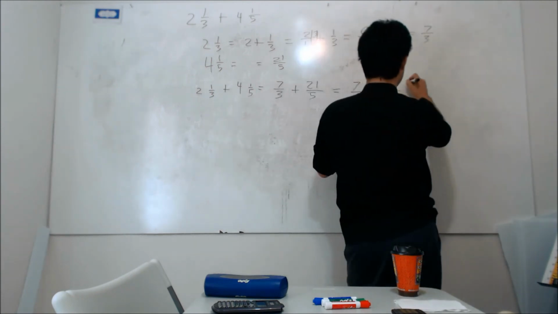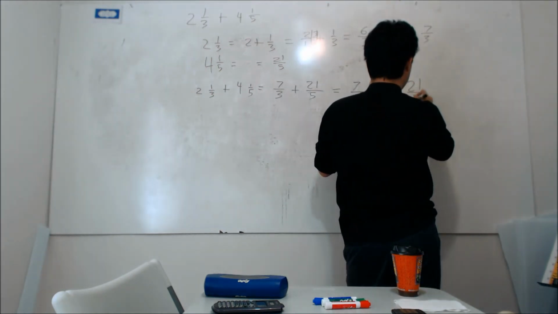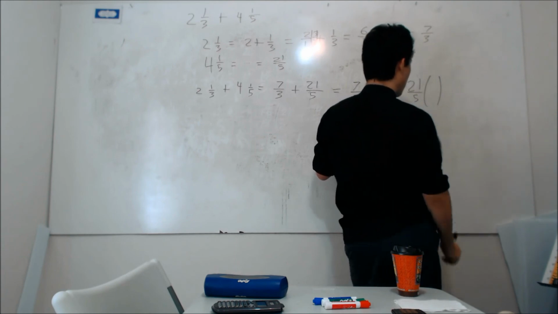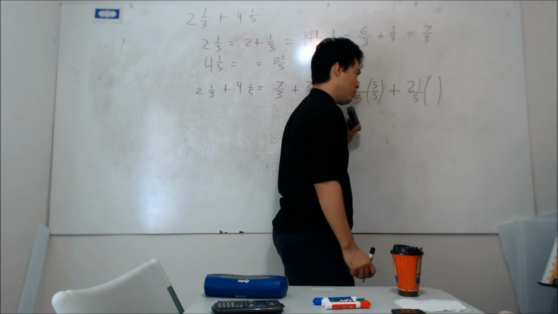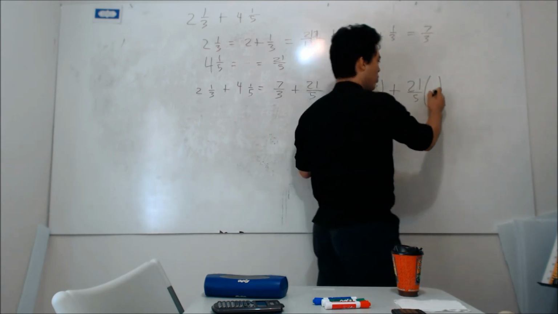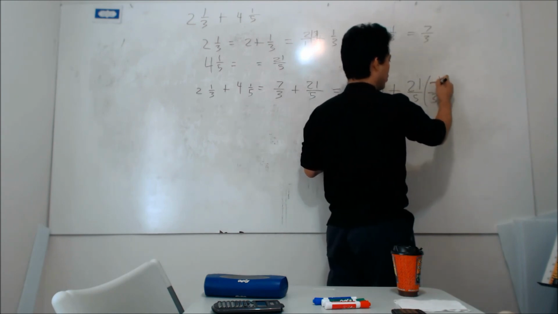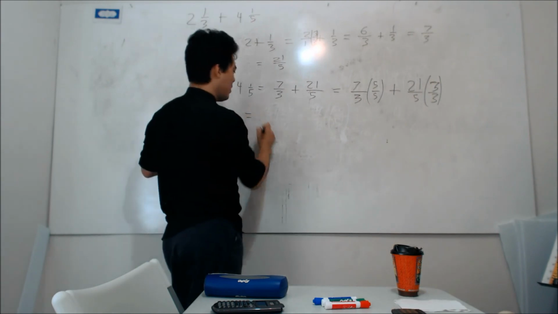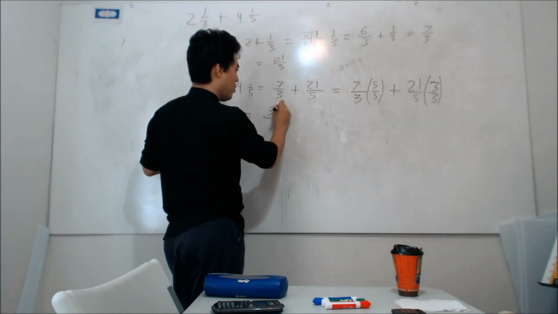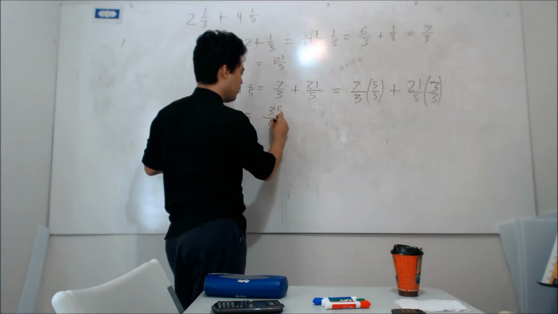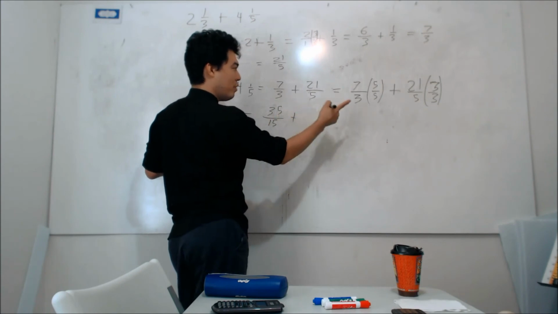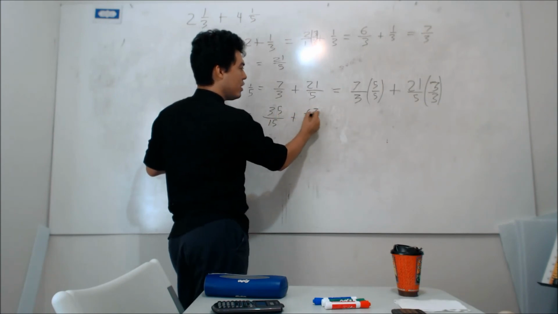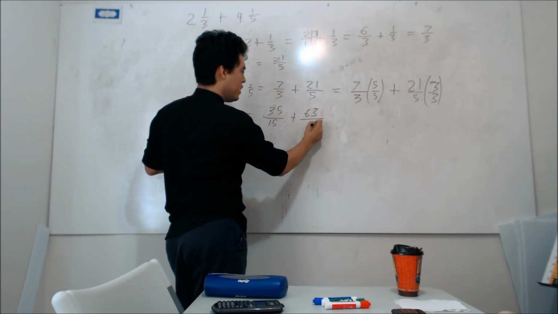And then this second fraction, 21 over 5, we want the common denominator to be 15. So 5 times 3 is 15. So that's going to determine 3 over 3 as the fraction over there. And then here, 7 times 5 is 35, and it's going to be 15 on the bottom. Plus 21 times 3 is 63 over 5 times 3 is 15.